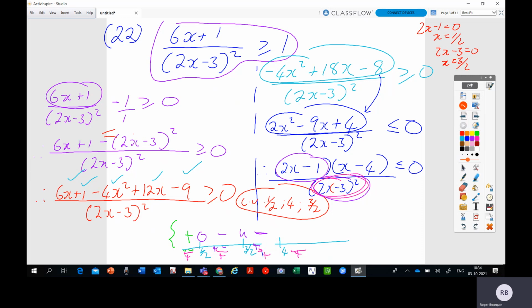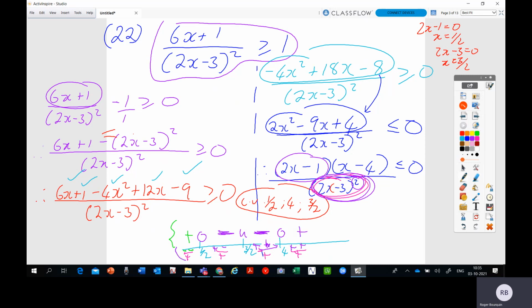So it would be positive, positive, positive, negative. I did it again. So that's going to still be negative in that region. It hasn't changed as we expected, it hasn't changed around the critical value that goes with the square. So it's negative, negative. When x is equal to 4, it's going to be naught. And when x is bigger than 4, if you sub it in, it will be positive, positive.